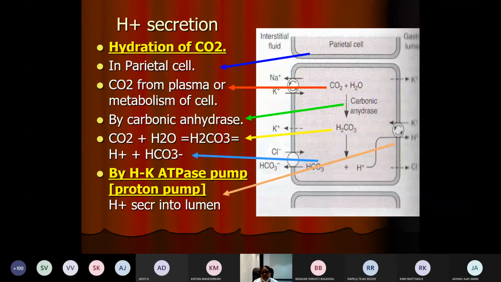By hydrogen potassium ATPase pump, that is a proton pump. It is important. There will be hydrogen secretion into lumen.